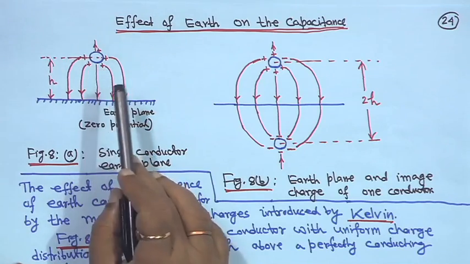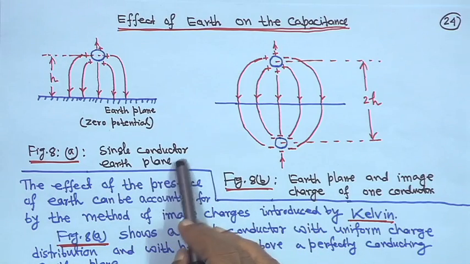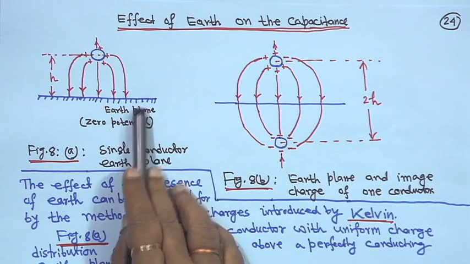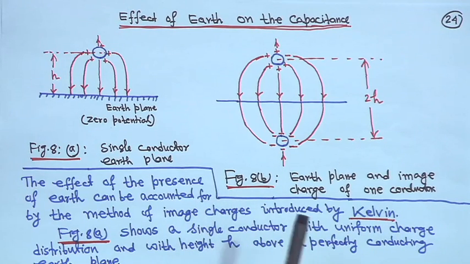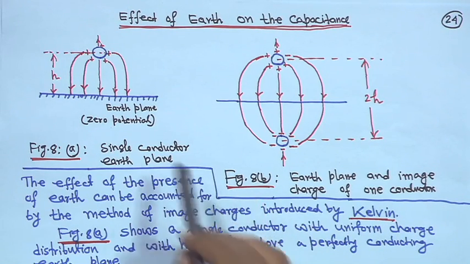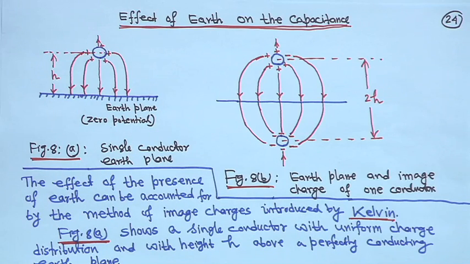Assume that this is a positive charge, right. So, this is a single conductor above an earth plane, 0 potential here, and we will introduce Kelvin's image charges. The effect of the presence of earth can be accounted for by the method of image charges introduced by Kelvin, right.